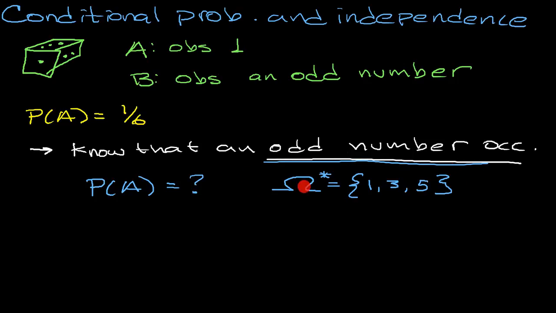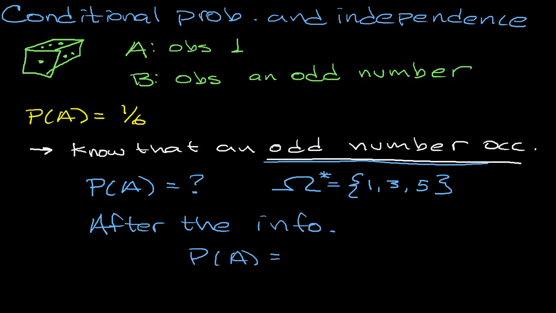Focusing only on this sample space, what is the probability of seeing a 1? After knowing that an odd number occurred, the probability of seeing a 1 is just 1/3.